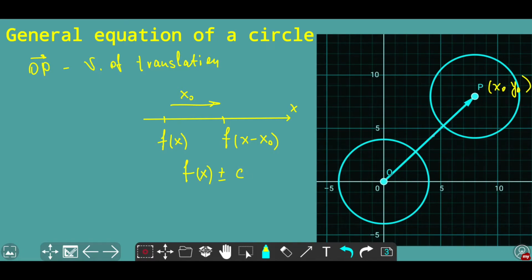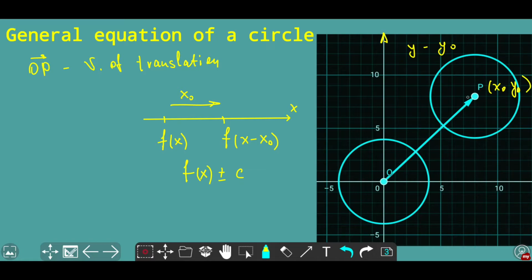So for y translation, you stick to the same rule and translate y in the same way as you translate x. That means the y coordinate is going to be translated by the same shift, and you need to take into account minus y0 because of the nature of the translation vector.